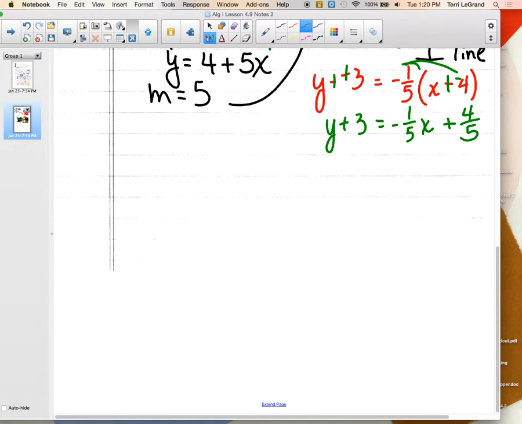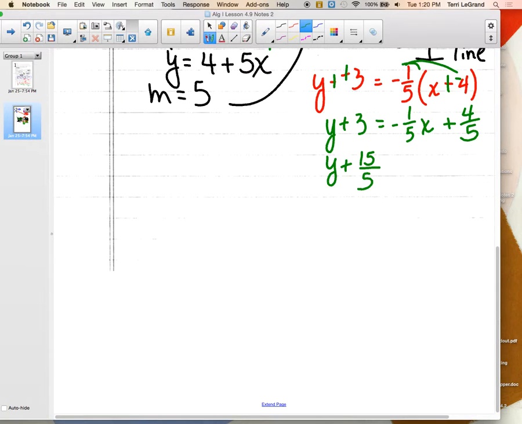So here's what we're going to do. We're going to rename this. We can see that we're going to have to subtract a whole number from a fraction, so we're going to make that whole number into a fraction with the same denominator. What name can we give 3 that has the same denominator as that? 15 over 5. It has to divide out to be 3.